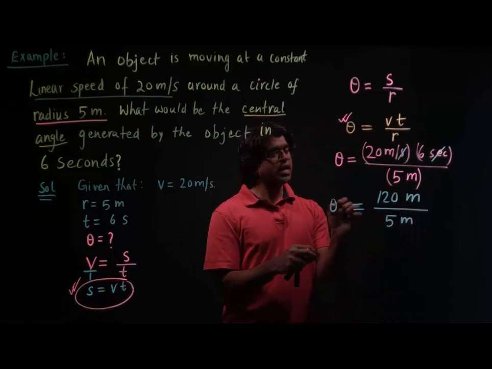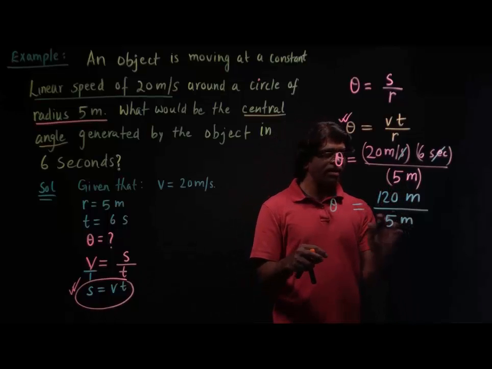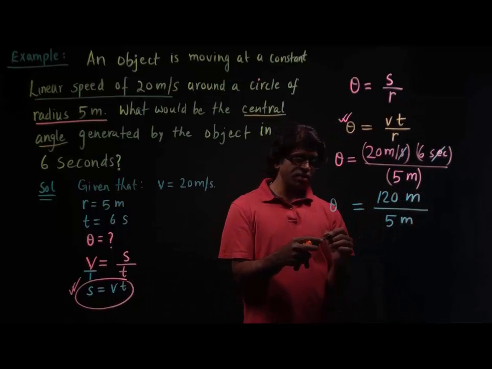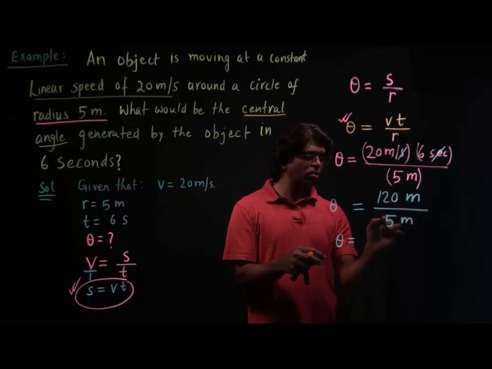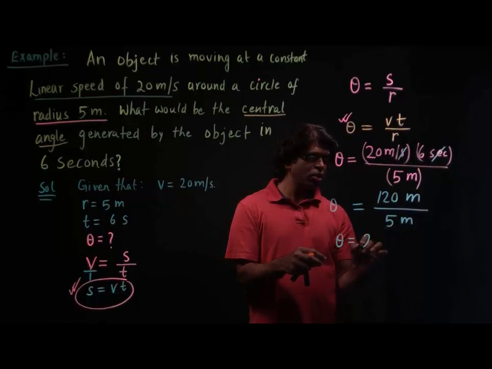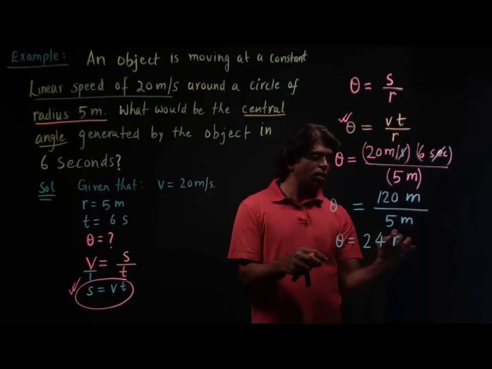So my theta is 120 over 5, which simplifies to 24 radians.